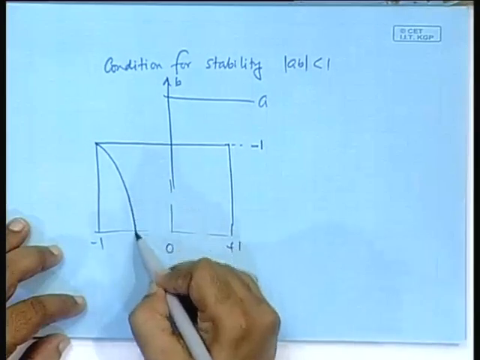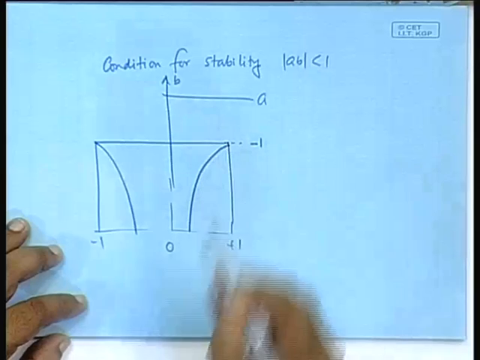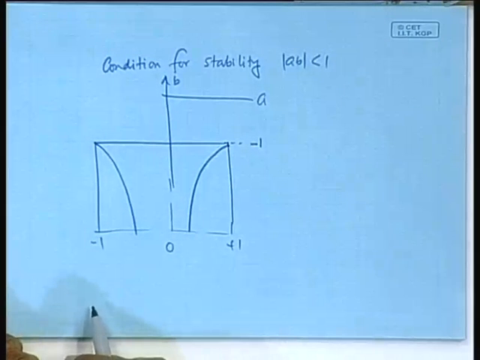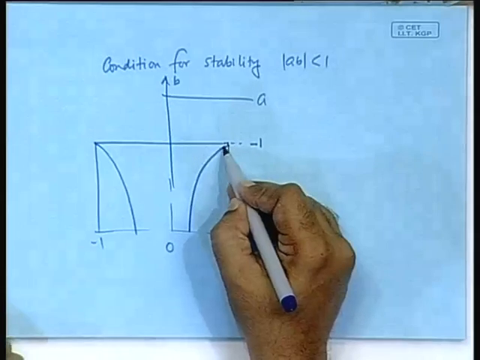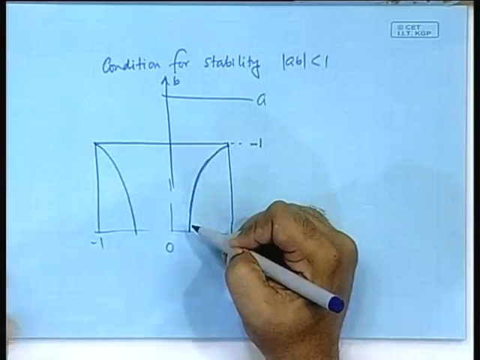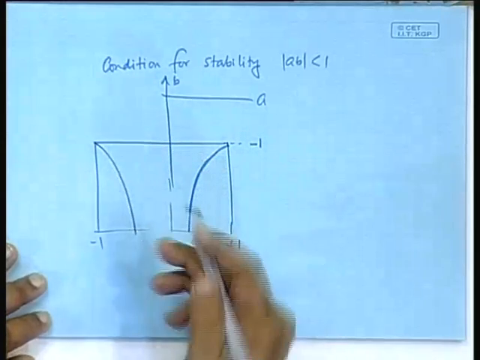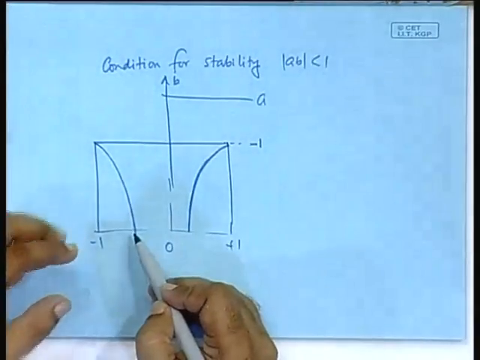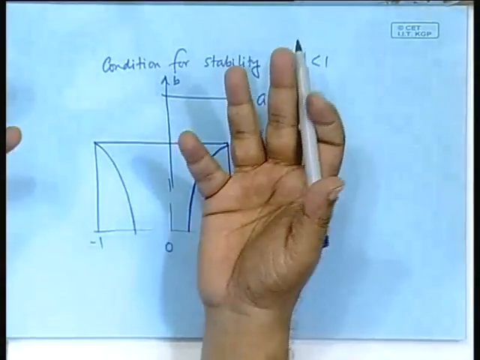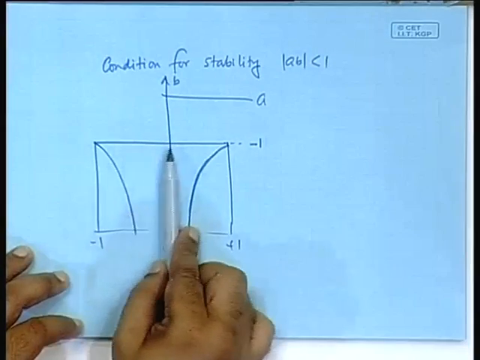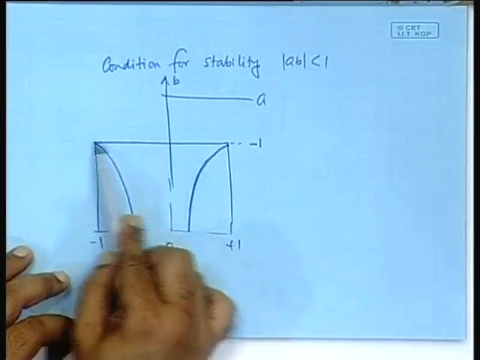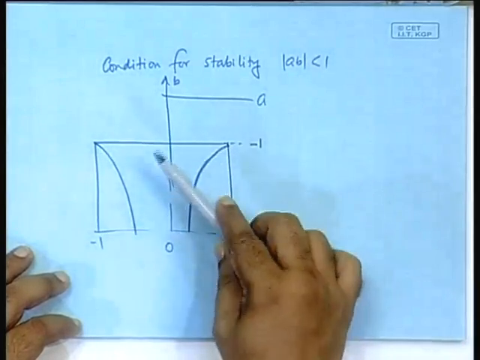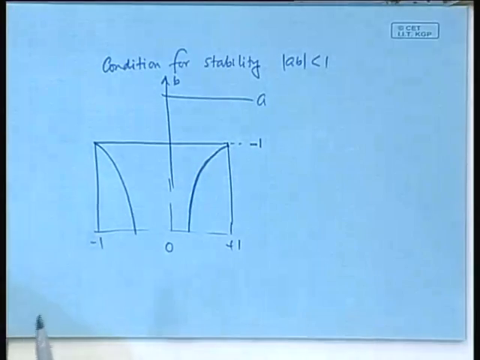One will be like this, another will be like that. This will be the curve for AB equal to minus 1, and this will be the curve for AB equal to plus 1. In order for AB to be plus 1, both A and B have to be negative. This is the side where A is negative, and this is the side where B is negative, both are negative. So, this is the curve for plus 1.